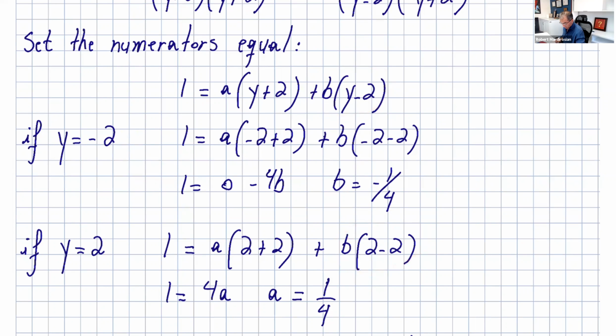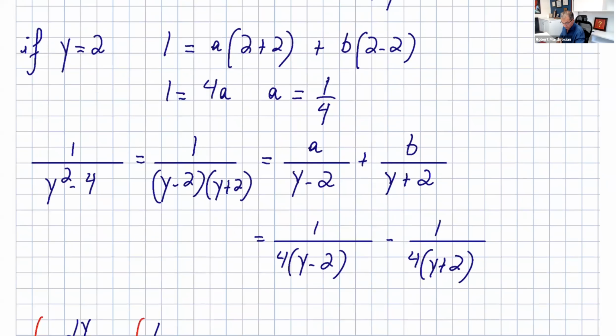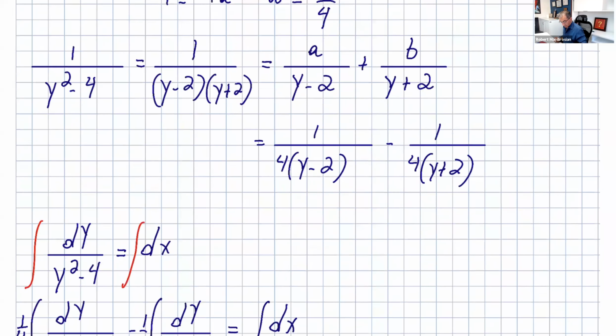So you get 1 equals 4a, a equals 1 over 4. So basically 1 over y squared minus 4 is 1 over y minus 2 times y plus 2, but now we have our a and our b. We can write it 1 over 4 times y minus 2 minus 1 over 4 times y plus 2.